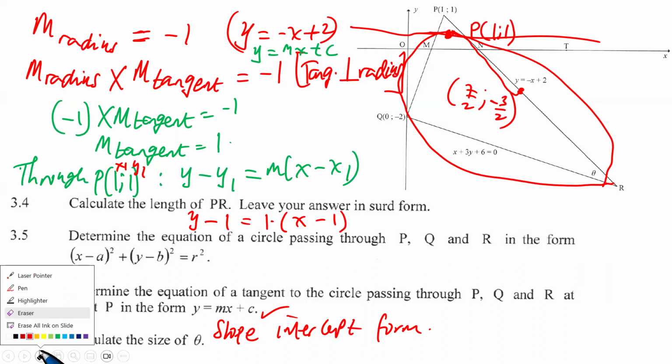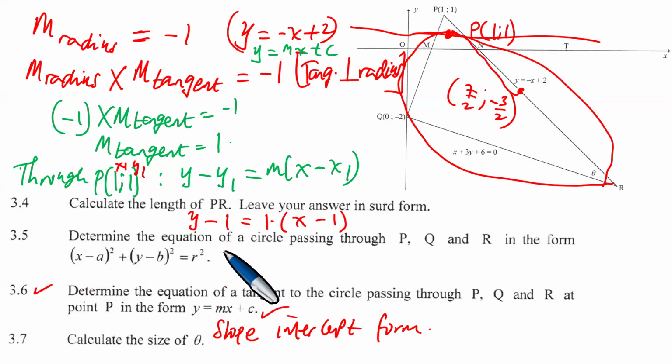So you have x minus 1. And then now you have exactly the equation y equals x.